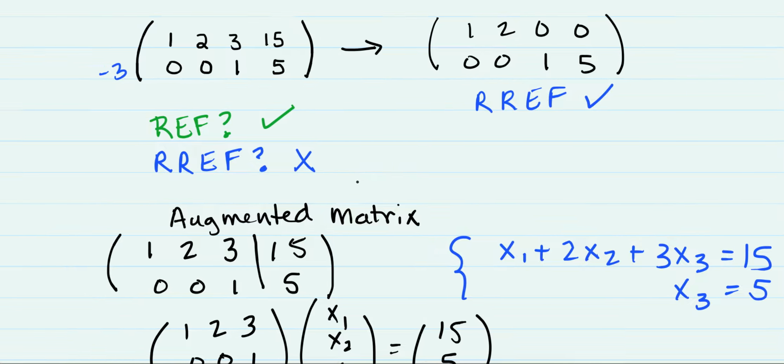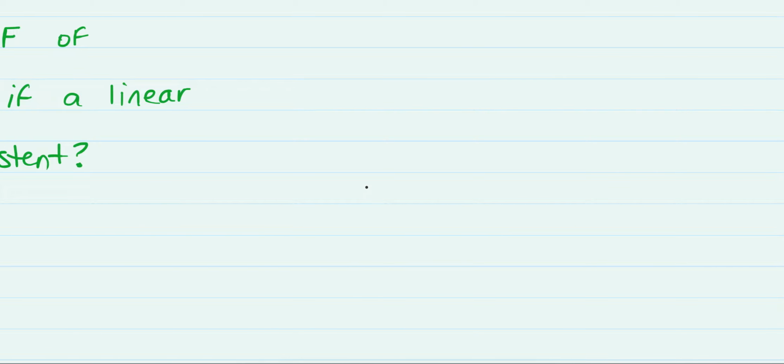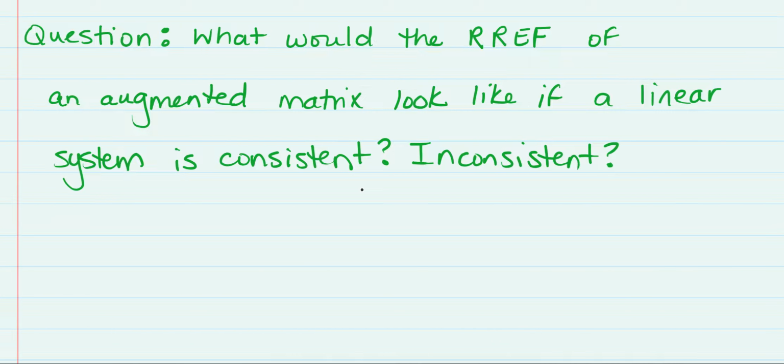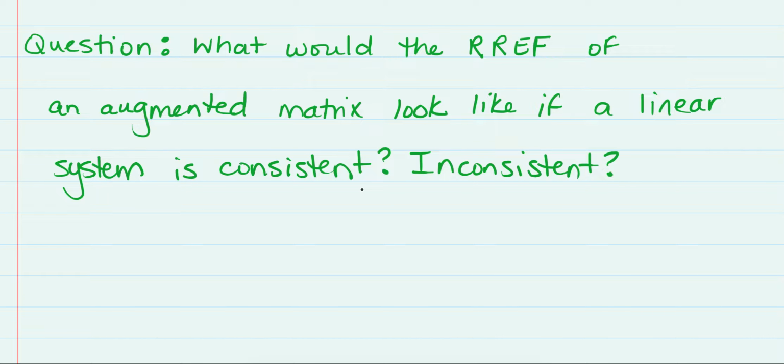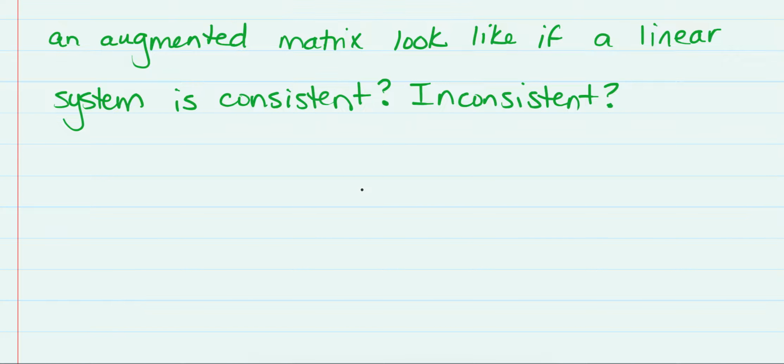Okay, so the next thing I want to talk about is what the reduced row echelon form of an augmented matrix would look like if a linear system is consistent and inconsistent. So first off, let's remind ourselves what consistent and inconsistent mean.